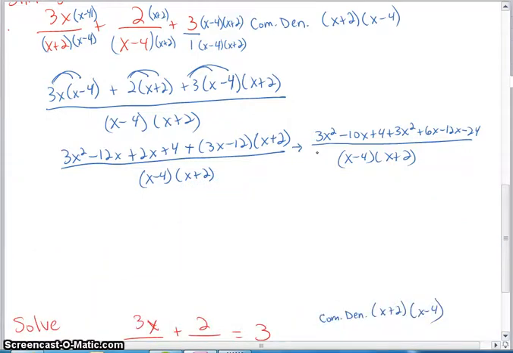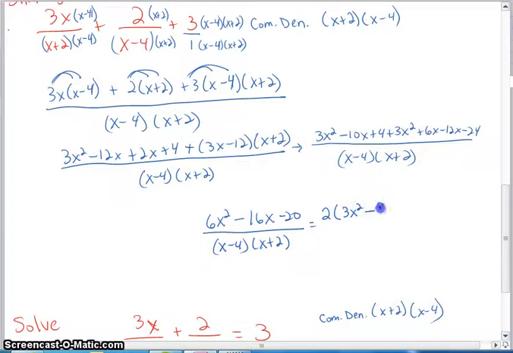Okay, so now I want to combine like terms again. So 3x squared plus 3x squared is 6x squared. Minus 10x plus 6x minus 12x is minus 16x. And then positive 4 minus 24 is a negative 20. Divided by x minus 4, x plus 2. So I'm factoring by first finding the greatest common factor, which is 2.